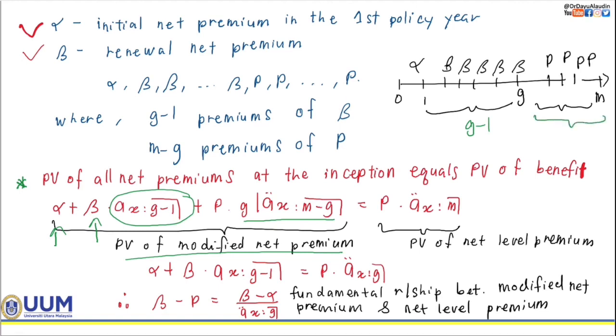The deferment is G years, equal to the present value of the net level premium.